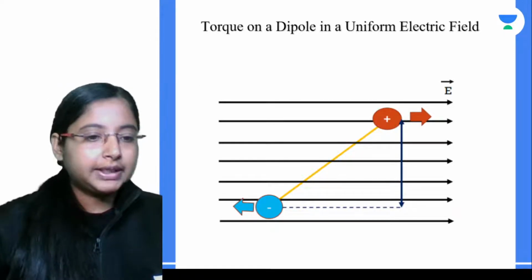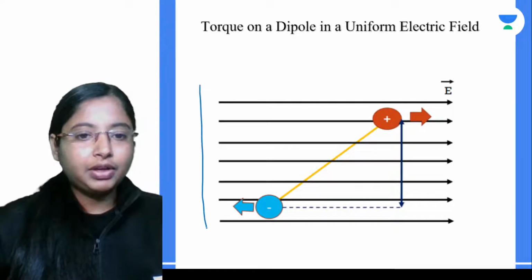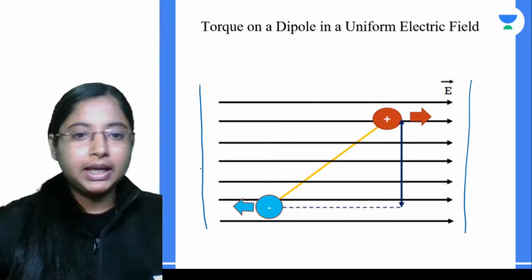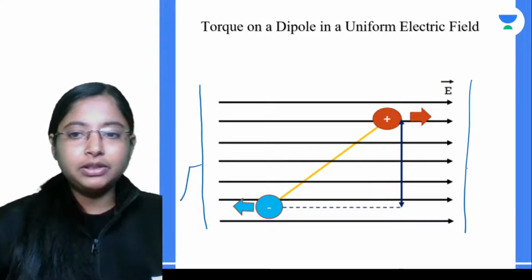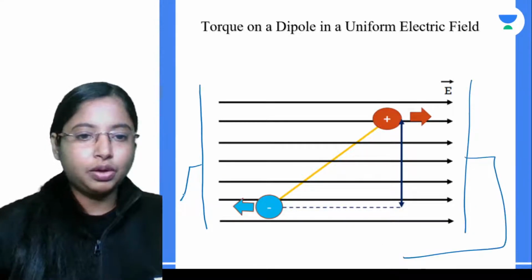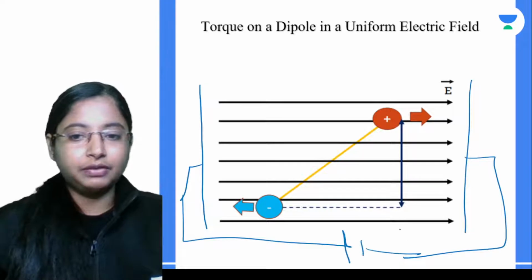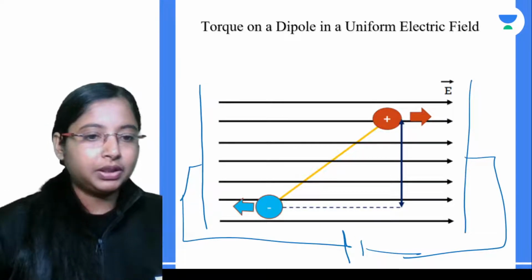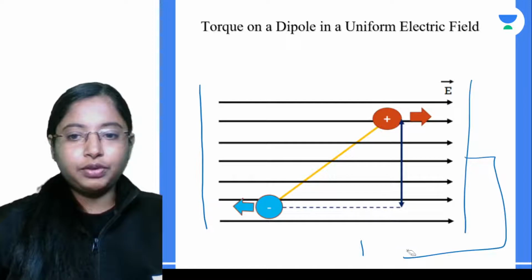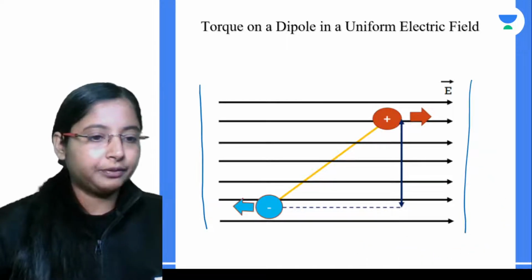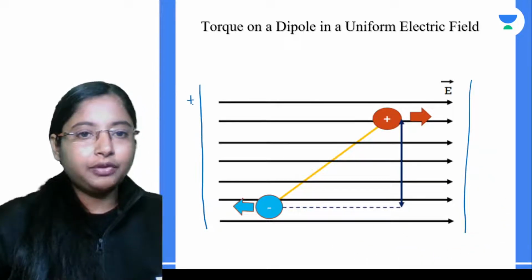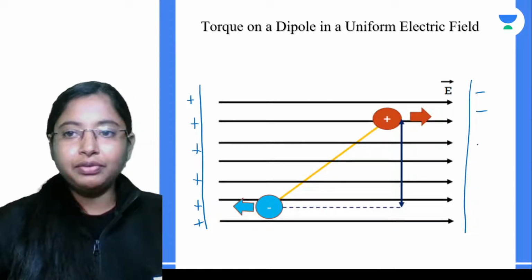Now, very simple, look at the electric field lines over here. For example, let's say we have two capacitor plates on two ends, and you're connecting these capacitor plates to a battery, the positive and negative terminals of a battery. Then one side of the plate becomes positive and the other negative. So this side of the plate is going to have positive charges, and similarly this side is going to have negative charges.